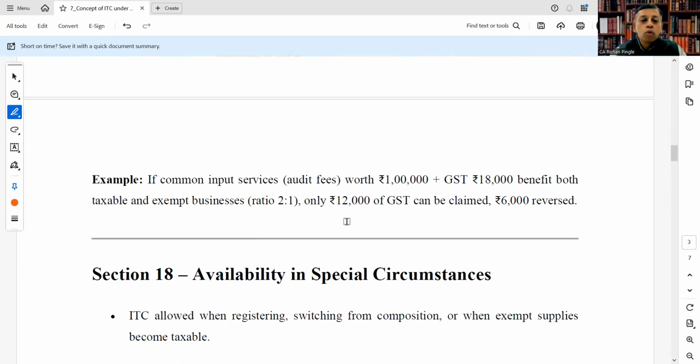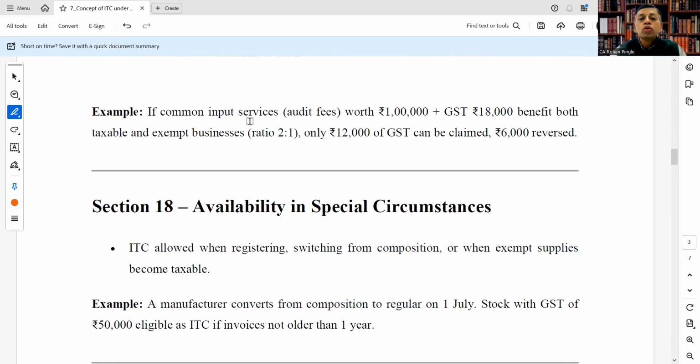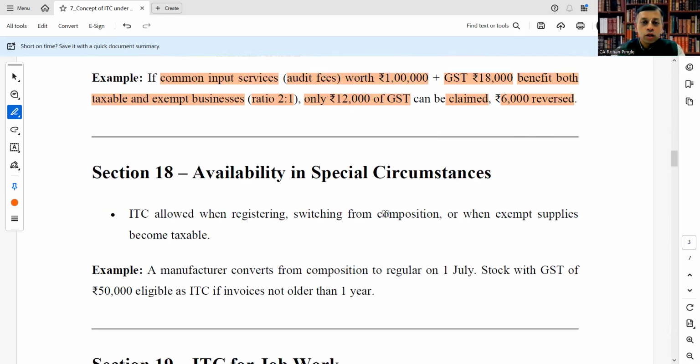Next, an example before moving to section 18. If common input services, audit fees worth rupees 1 lakh plus GST 18,000, benefit both the taxable and exempt businesses in a ratio of 2 to 1, only rupees 12,000 of GST can be claimed and rupees 6,000 has to be reversed.